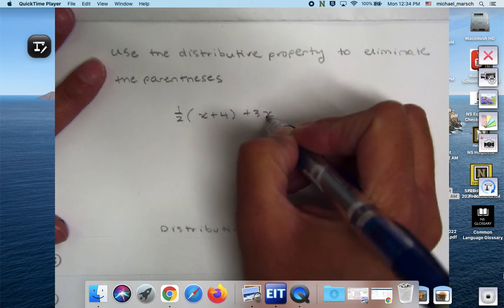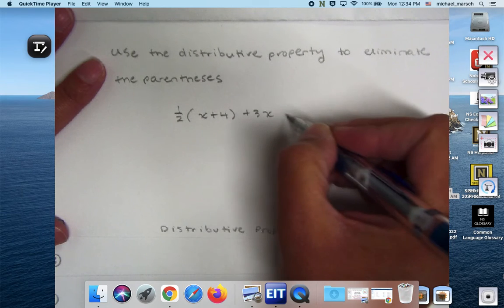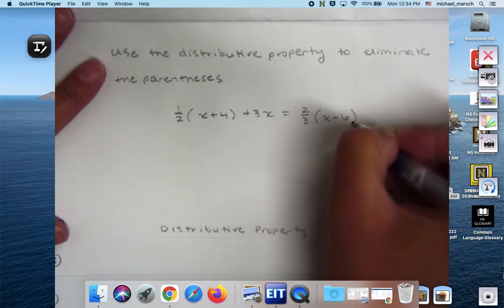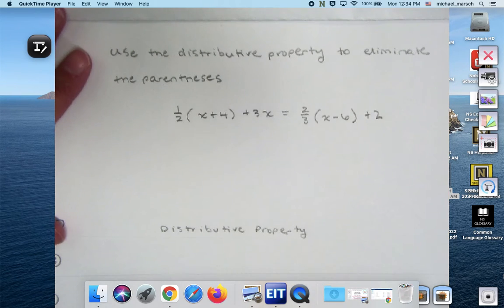We're going to be rewriting a lot of things as we show each step. So there you can see the equation again, Matthew. We rewrite it, and then we're going to actually show what the distributive property looks like.